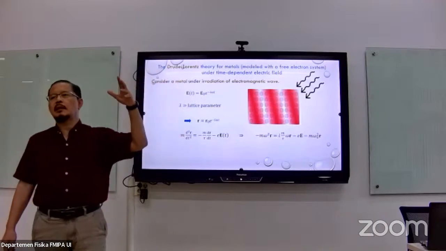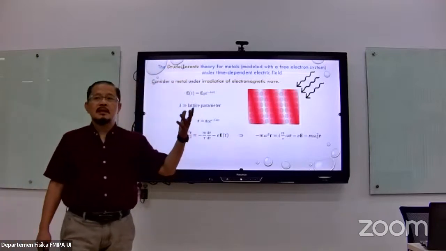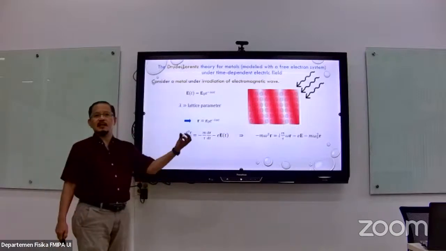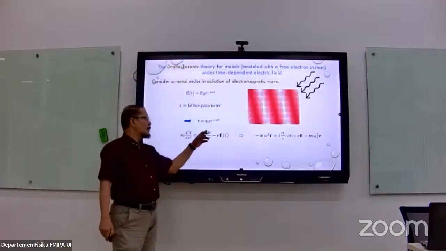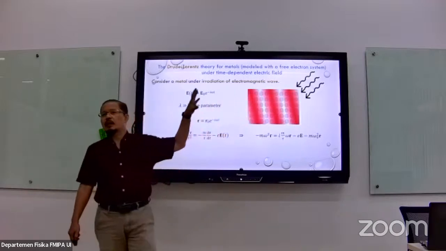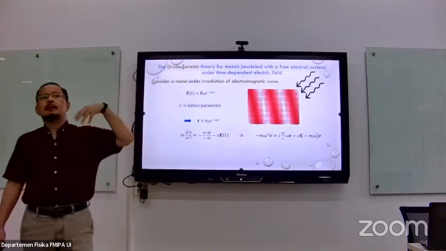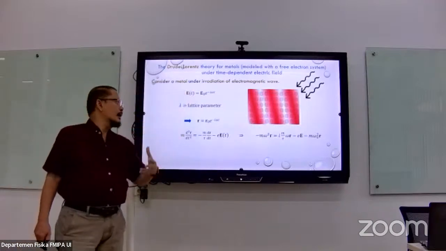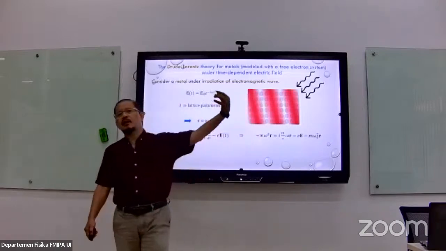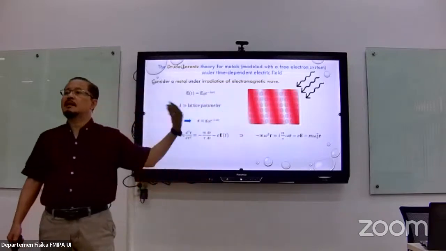There wouldn't be any equilibrium steady state situation. In order to have a steady state, we believe there is a mechanism inside the material that can restore the equilibrium of the electrons after receiving the influence from the electric field.